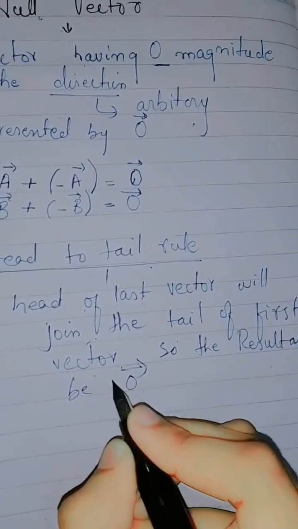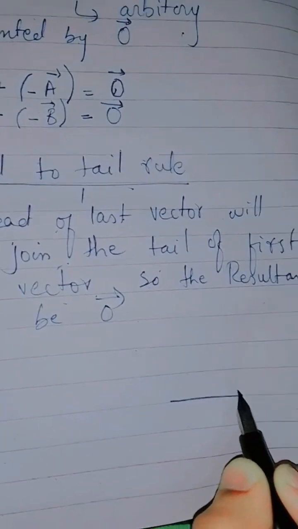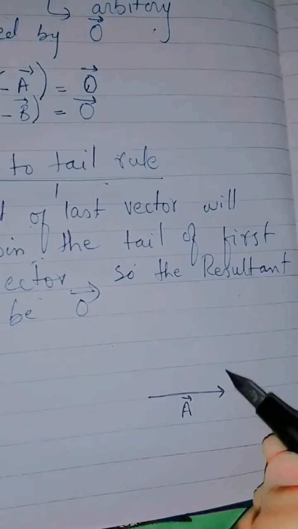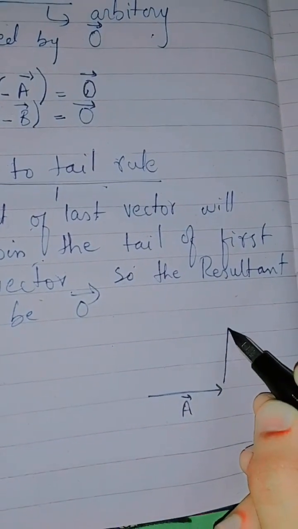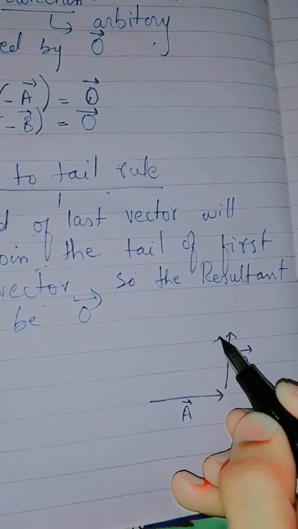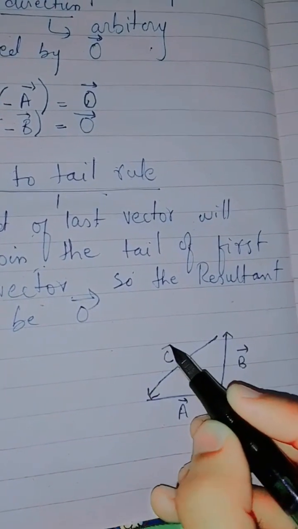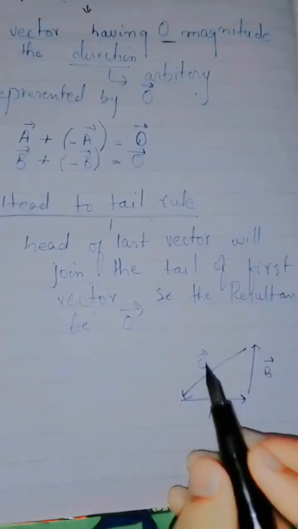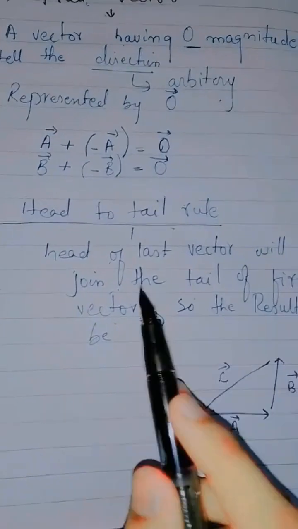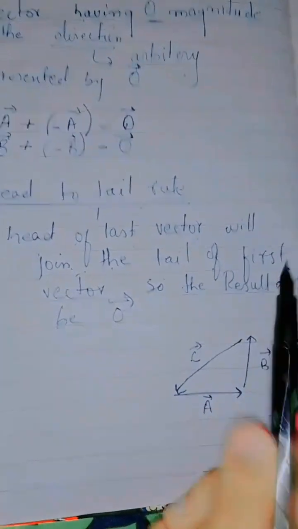For example, if we are having a vector, it is the first vector, that is a vector, that is the second vector, b vector, and that is a third vector, that is c vector. So the last vector is the c vector. As we said, the head of the last vector will join or attach the tail of the first vector.